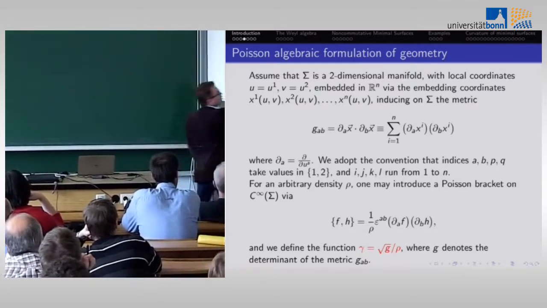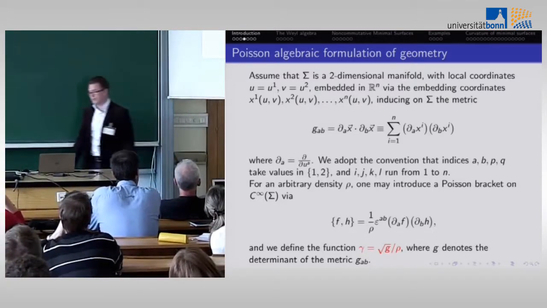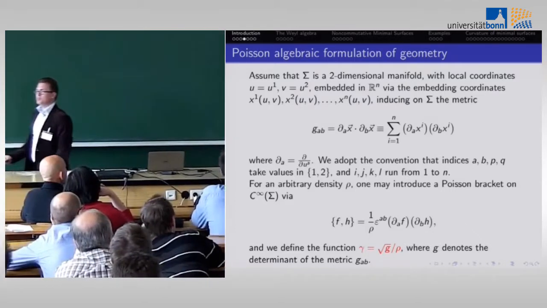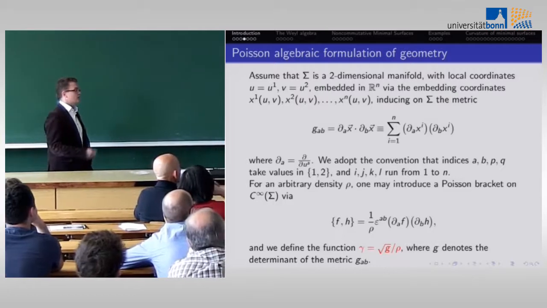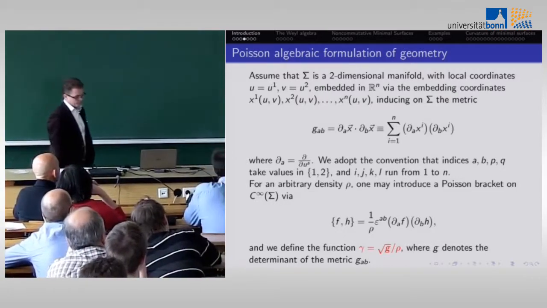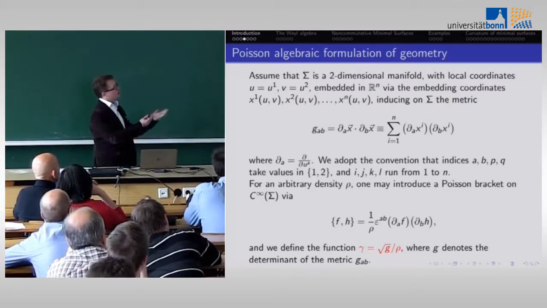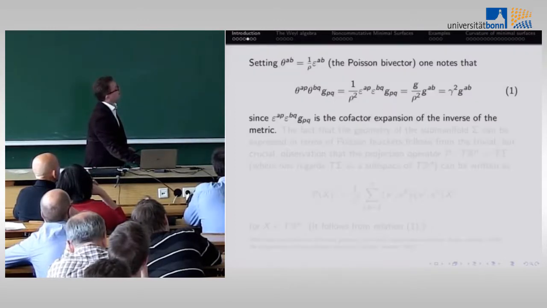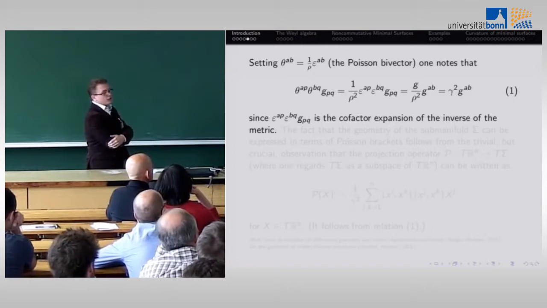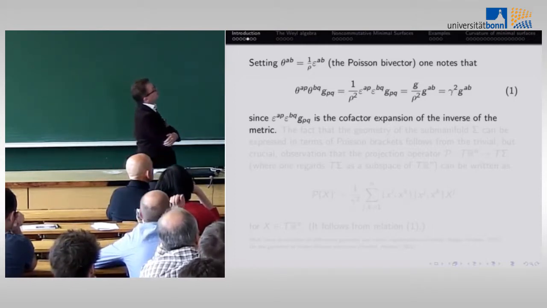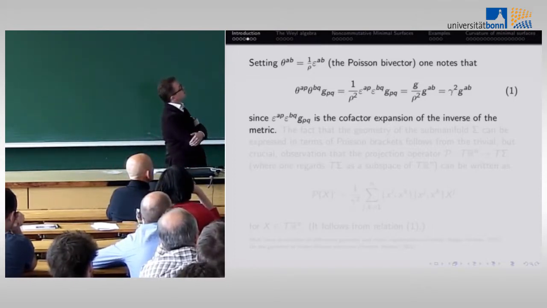It's the square root of g over rho, which measures the difference between choosing rho to be the square root of g, which is a natural density, and choosing something arbitrary. That's called gamma here. So we have a surface, we have a Poisson bracket in the standard way, and we get the Poisson bivector. That's usually this combination of the density and this epsilon for surfaces.